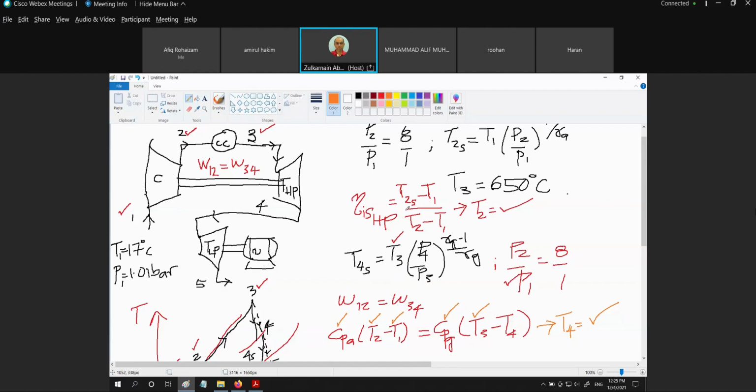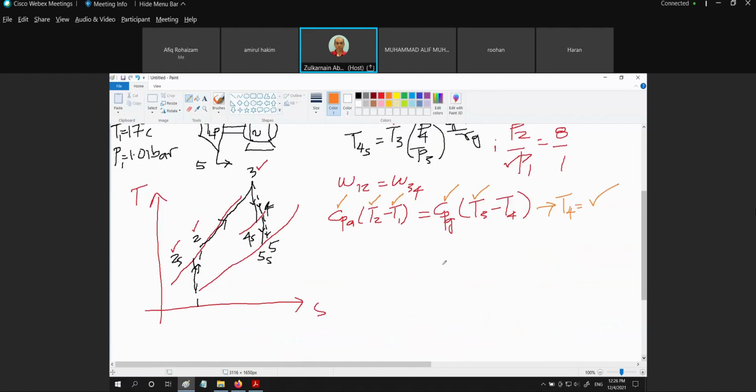You cannot easily cancel the W high pressure turbine with the compressor, as we don't know the value. But in this case, yes, all the work produced by the turbine high pressure is being used to run the compressor from state 1 to state 2. So this will lead us to T4.